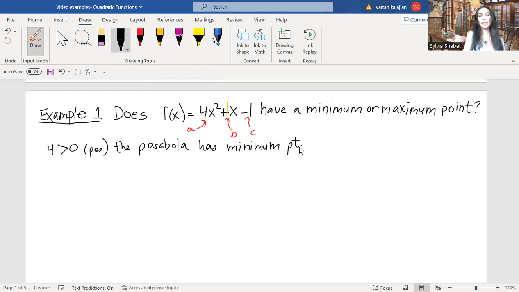So would this be facing upwards or downwards? It would be facing upwards. So this is what the parabola would look like. So it would be a minimum point in this case. So all you have to do again is find the a and identify if it's greater or less than 0.